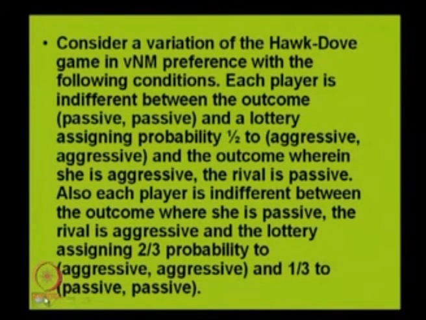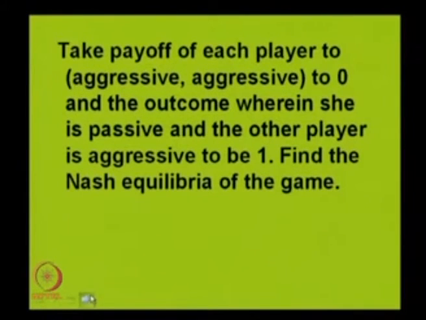Also, each player is indifferent between the outcome where she is passive, the rival is aggressive and the lottery assigning 2/3 probability to aggressive-aggressive and 1/3 to passive-passive. Take the payoff of each player to aggressive-aggressive to be 0 and the outcome wherein she is passive and the other player is aggressive to be 1, find the Nash equilibria of the game.